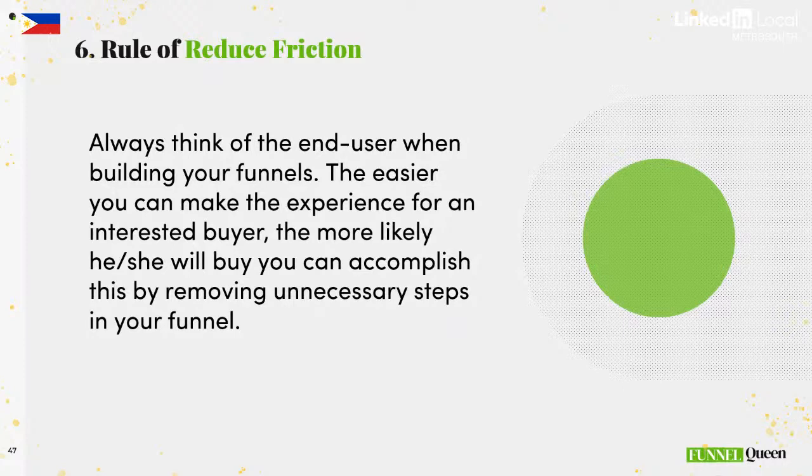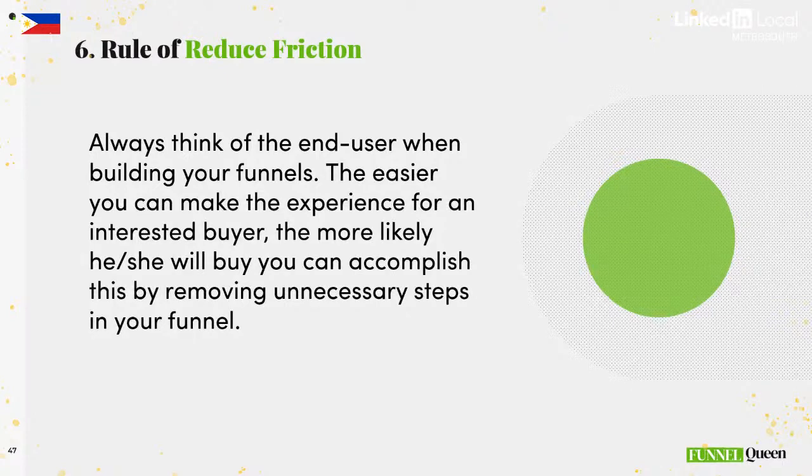Always think of the end user when building your funnels or your landing page. The easier you can make the experience for an interested buyer, the more likely he or she will buy the product by removing unnecessary steps in your funnel. Let's say, for example, if you're giving away a free lead magnet, let's say a free cheat sheet or a free PDF.